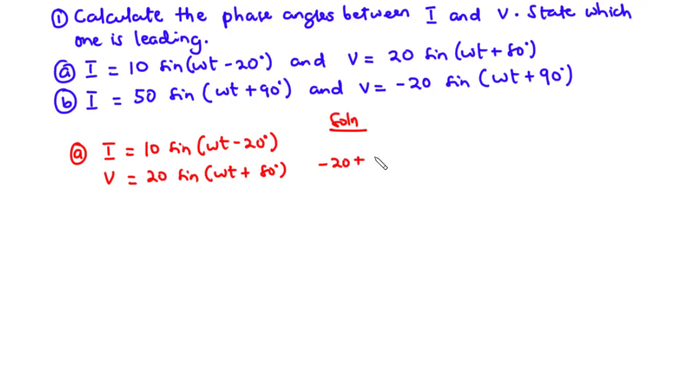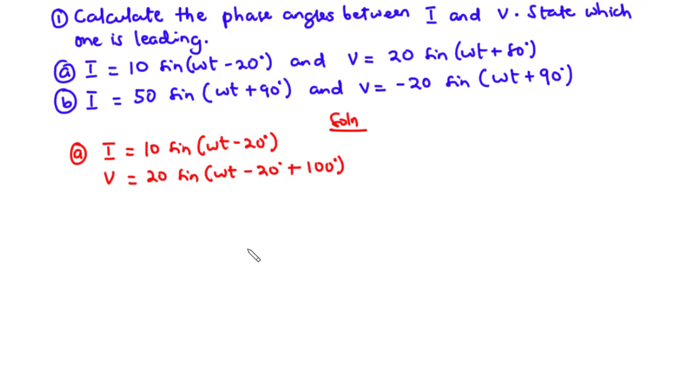Negative 20 plus 100 is equal to 80 degrees. So we are going to replace 80 by negative 20 plus 100. So we have negative 20 degrees plus 100 degrees.